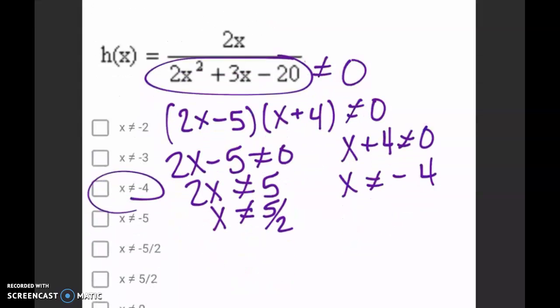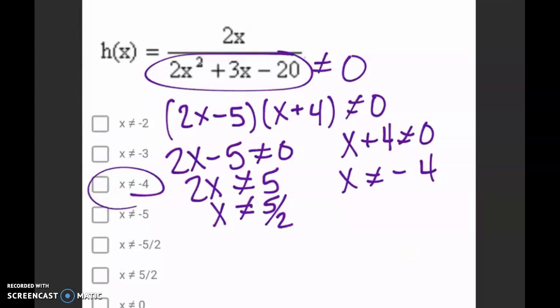So we've got x cannot be negative 4. And I'm going to move this up a bit because we've got to be careful. That's a negative 5/2. x cannot be 5/2 and x cannot be negative 4. So when I say, are there any domain restrictions on this function, I'm saying, are there any values which would make the denominator 0?